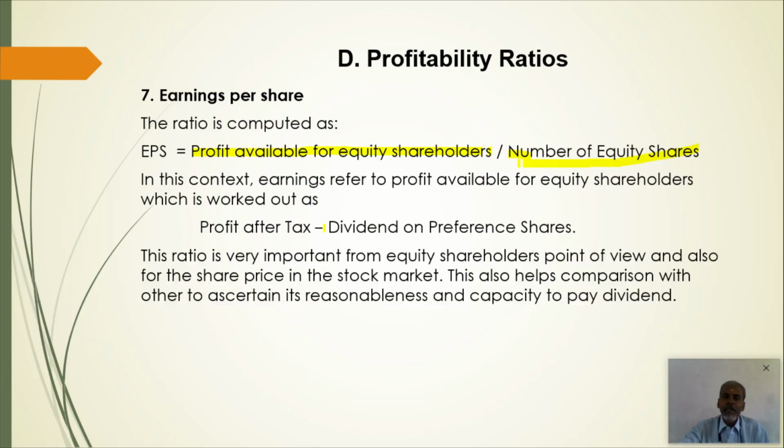Sometimes when you have dividend preference shares, you will have to subtract dividend declared to preference shares before calculating profit available for equity shares. Right? So this is an important ratio that is calculated by an investor before making short-term investment or long-term investment.